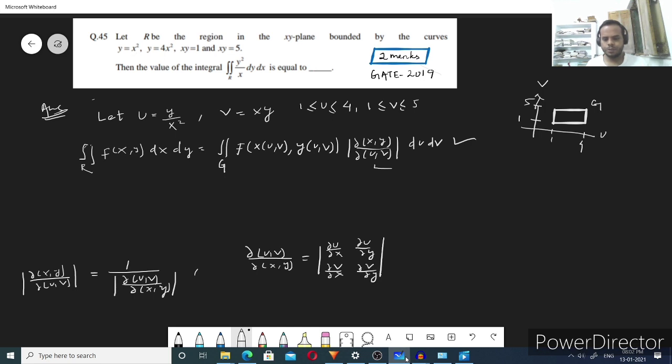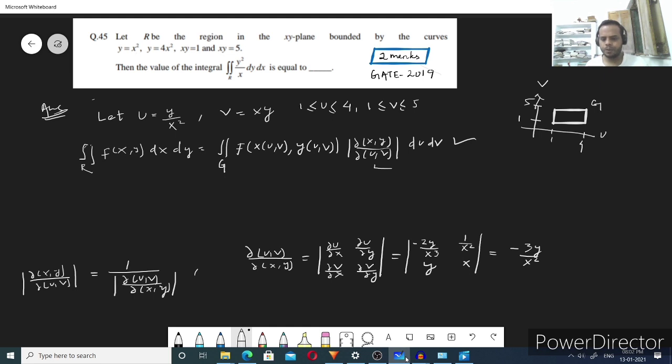This is just partial derivatives. Del u by del x is minus 2y by x cube, del u by del y is 1 by x square, and the determinant equals minus 3y by x square.